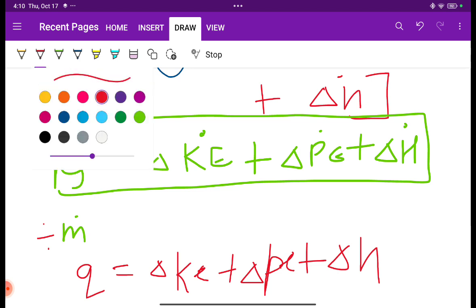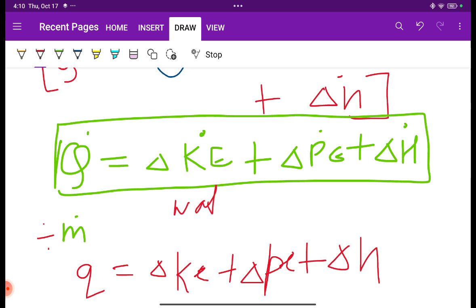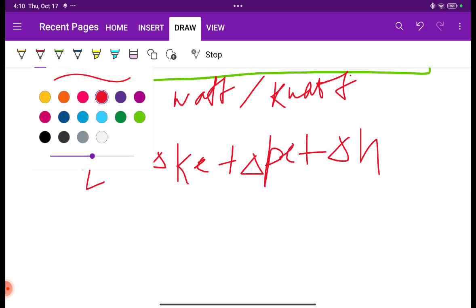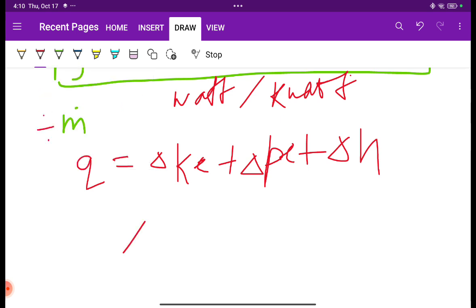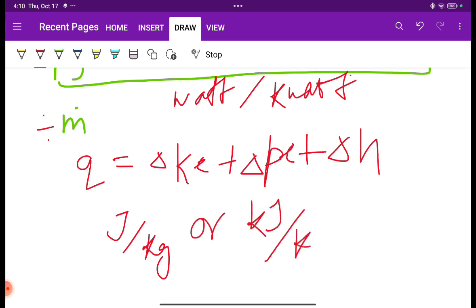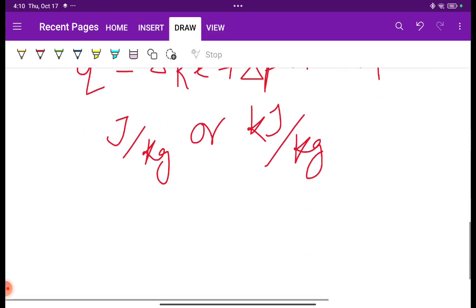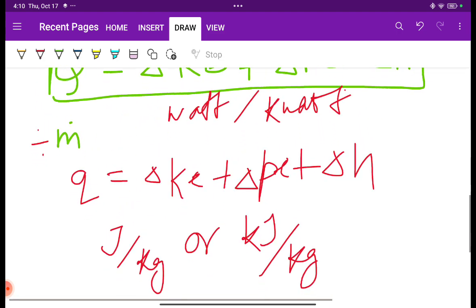But in this second case, our unit becomes joule per kg or kilojoule per kg. So this is the steady flow equation for the nozzle.